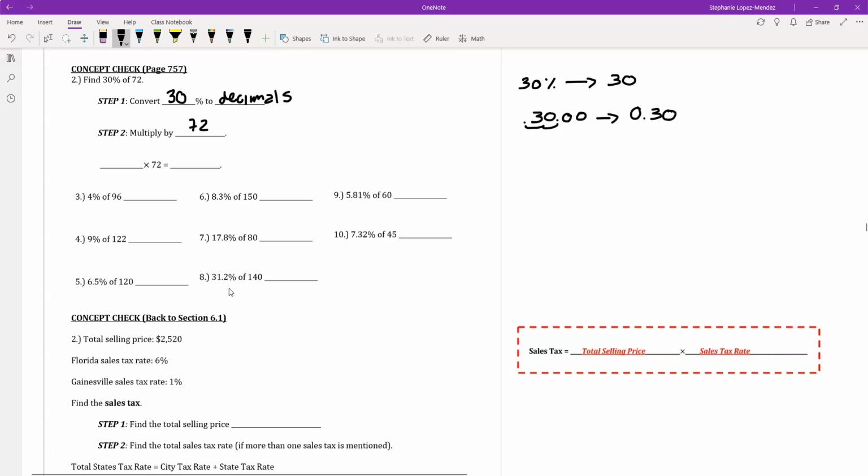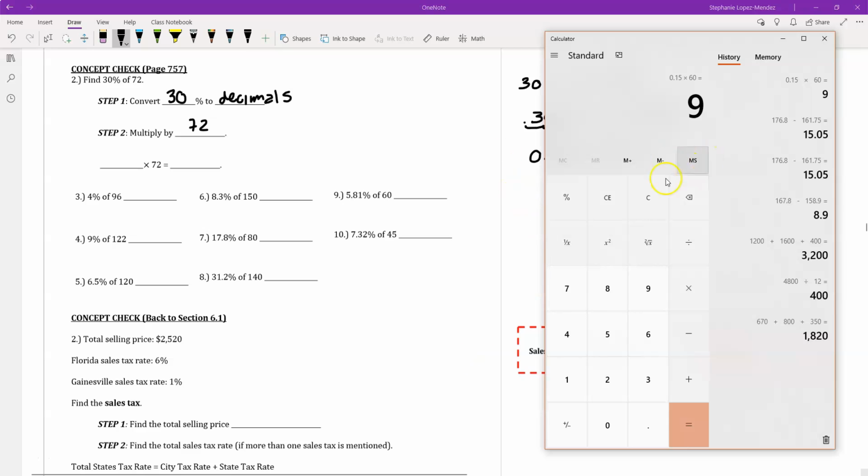So I just converted my percent into decimal. Now they're asking me for 30% of 72. So I take whatever we just found, which is 0.30, and I multiply it by 72, which is the amount that they gave us.